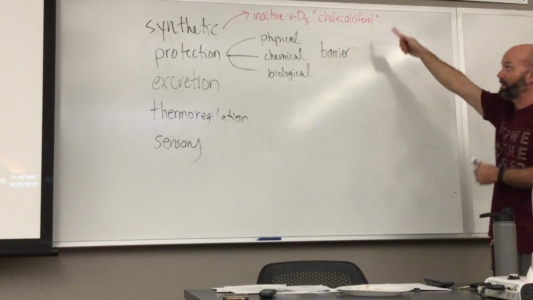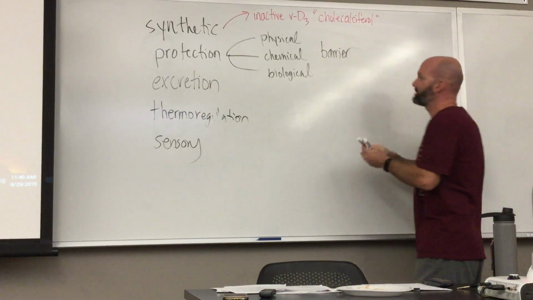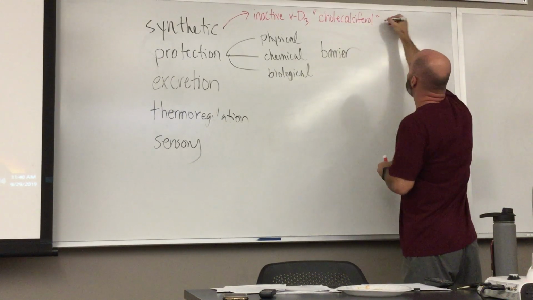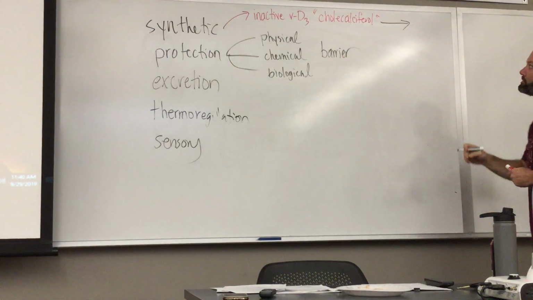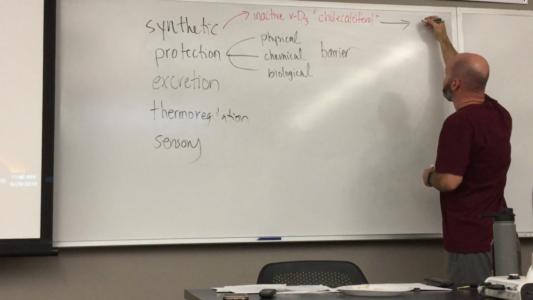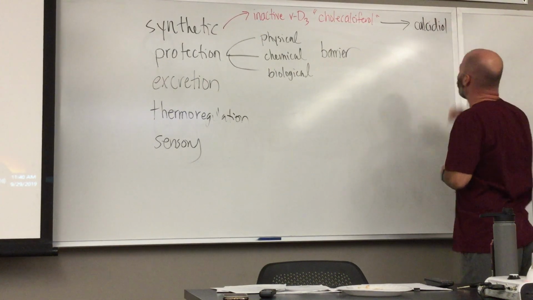Once you bring it in through your diet or make it in the skin, where does the cholecalciferol go? To be converted into the next intermediate, it goes to the liver, where we form calcidiol.